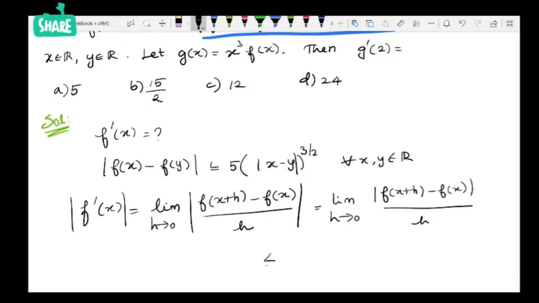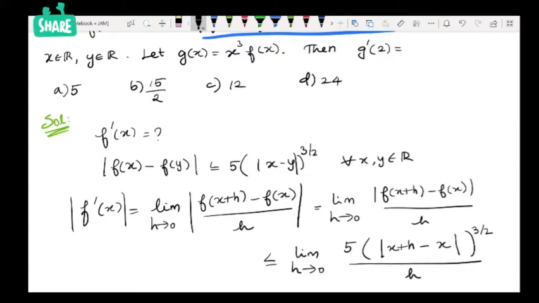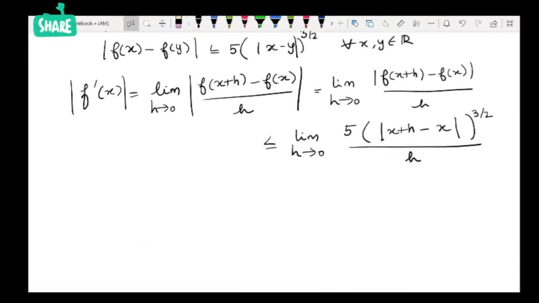So limit h tends to 0, 5 modulus of x plus h minus x, the whole power 3 by 2, divided by h. So the x will get cancelled and we are left with 5 h power 3 by 2 by h.